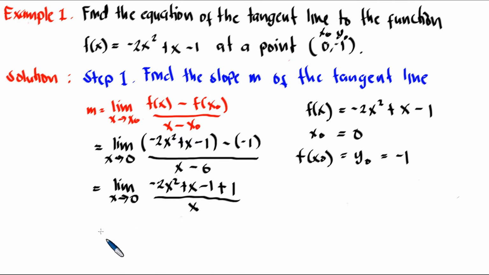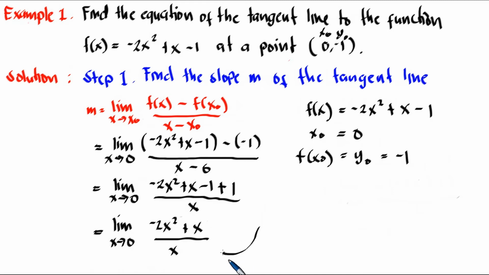Simplifying further, we get the limit of negative 2x squared plus x, since negative 1 plus 1 is equal to 0, all over x as x approaches 0. Here we need to be careful, because we cannot just plug in 0 into our resulting function, since we will end up with division by 0, which is undefined.